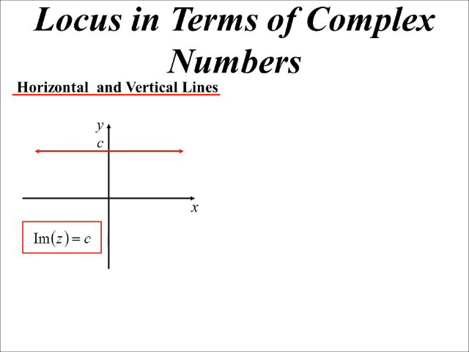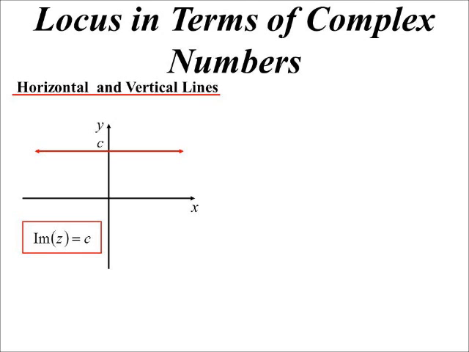So there's a horizontal line, whereas before we would have simply said, oh, it's got the equation y equals c, which is true. But if I'm talking about features of every complex number, what do they have in common? Their imaginary part is always equal to c.